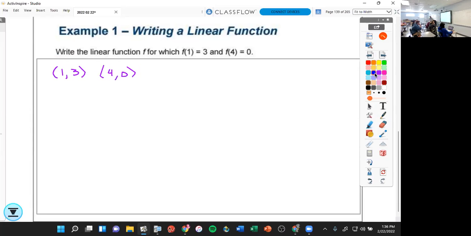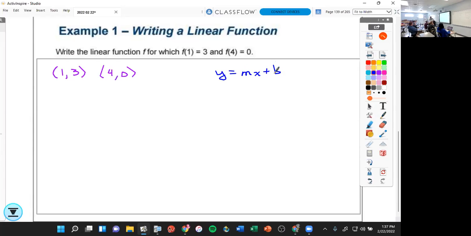They didn't give us points like we're used to seeing, and that's okay, right? As long as we know that this is x, plug in a 1, you get a 3, that's the output. Great, I know 2 points. Now what? I want the equation of this line. So you want to be able to write that, and from there, you're just going to write down the answer, right? Really? Okay, great. What's b? What's m?